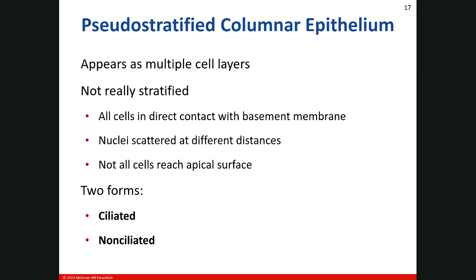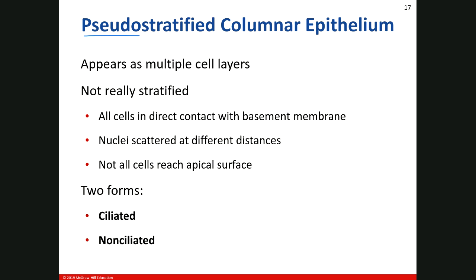All right. And then we've got this guy, our pseudostratified columnar epithelium. This is the one where you look at it and think, oh yeah, this is a multi-layered type of epithelium. No. Pseudo means falsely stratified. The understanding that I need you to have with this type of epithelium is that every single cell makes contact with the basement membrane.